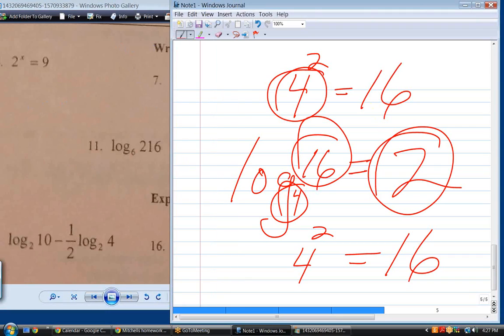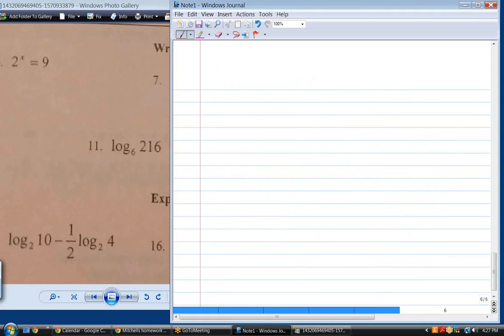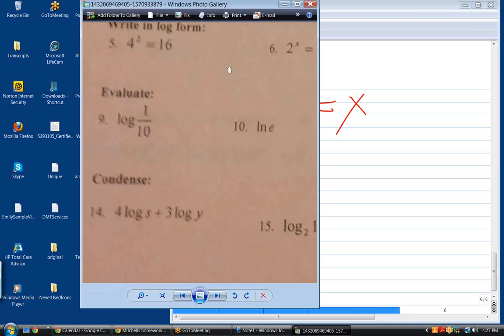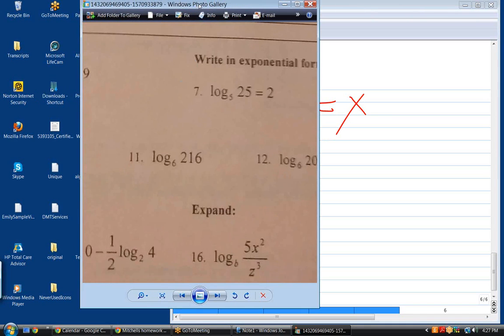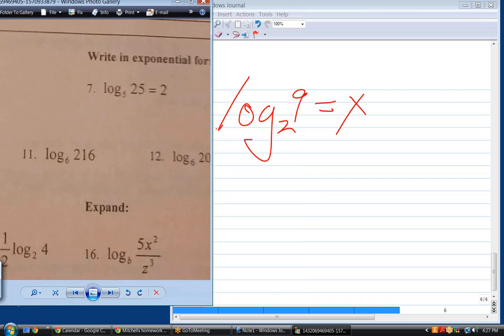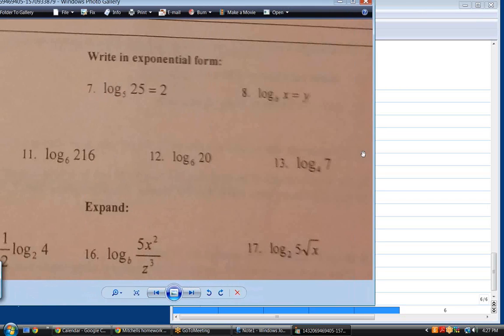Write this one logarithmic. Right. Oh, okay. 2 to the x equals 9. So it'd be log base 2 of 9 equals x. You got it. Write in exponential format, number 7.